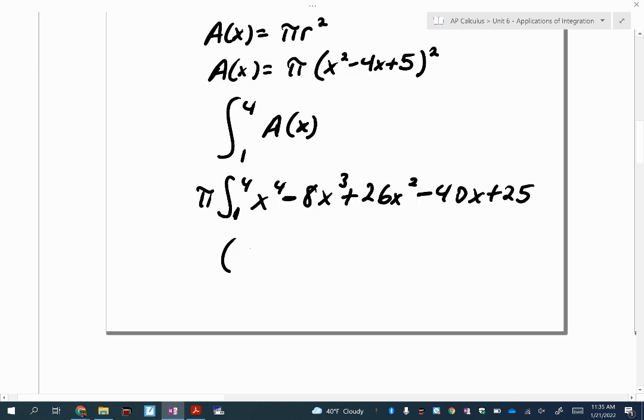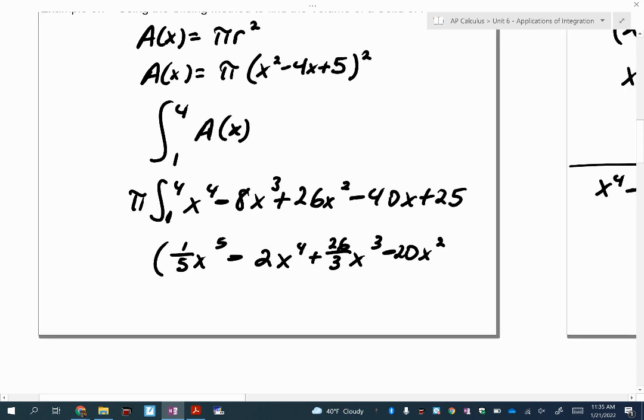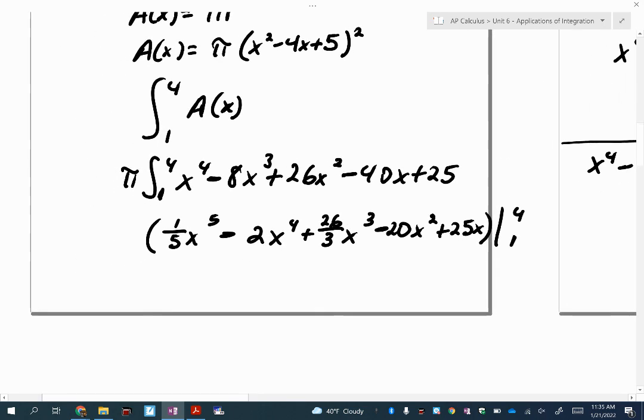So the antiderivative is going to be 1/5 x to the 5th power minus, this is going to be x to the 4th power, 4 times 2 gives you 8, x to the 3rd power, plus 26 thirds, then I have x squared, so minus 20 x squared would give me the 40x, plus 25x. I'm going to evaluate this at 4 and 1. Don't forget, I will multiply all of this times pi when I'm all done.